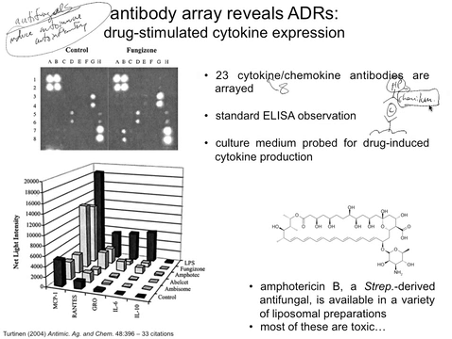So the key here, of course, is that the culture medium is probed for the induction of these autoimmune and inflammatory compounds. And what we see here is that when we challenge the cells with a variety of these antifungals, we can rank them according to, in this case, not efficacy, but how strongly they stimulate the production of these cytokines.